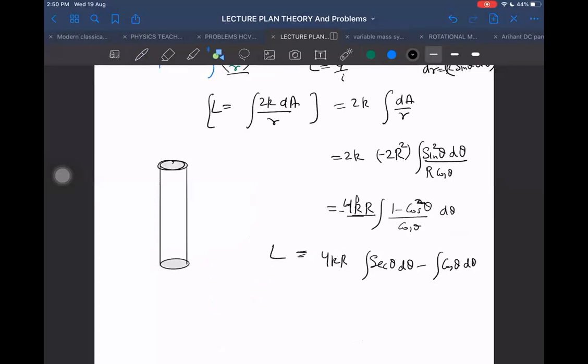So this is radius r, and this is radius a. This angle I have taken as theta. Then we know that r cos theta is equal to a. So theta is equal to cos inverse a by r. You agree with this or not?